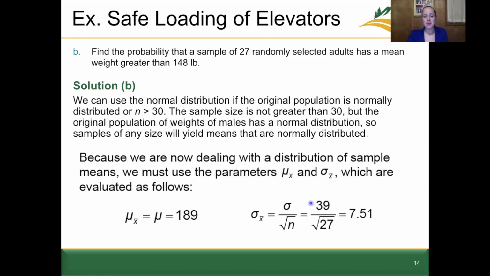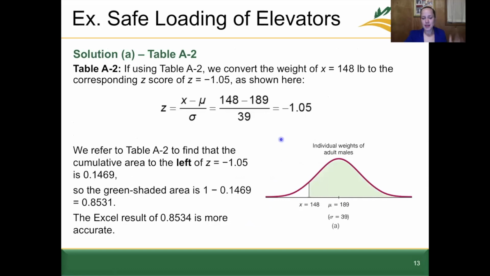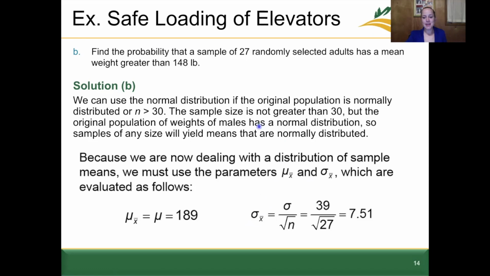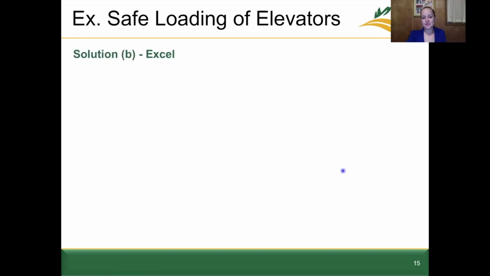So extremely importantly here, we're not going to plug in our standard deviation of the population. Going back here to part A really quickly, our standard deviation of the population, sigma, is equal to 39. We're not going to use that for part B. Instead, we're going to use a standard deviation value of 7.51.